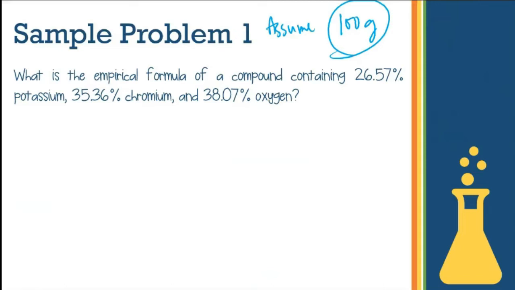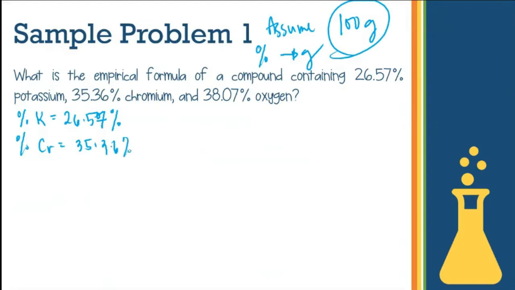Okay? So, i-convert lang natin yung percentage na sign to grams. Ang percentage ni potassium is 26.57%. Ang percentage ni chromium is 35.36%. And si oxygen ay 38.07%.